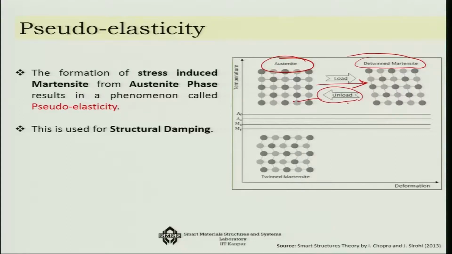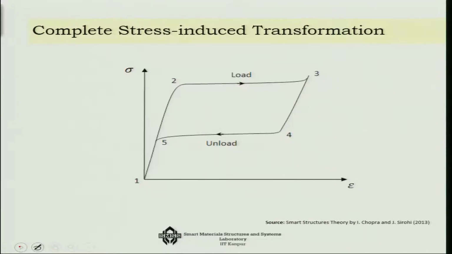So you are not coming via the twinned martensite state anymore. This kind of direct transformation from austenite to detwinned martensite phase has something very peculiar in the stress-strain relationship, which is known as pseudoelasticity, and this is highly used in structural damping. Let's see how this will be useful.